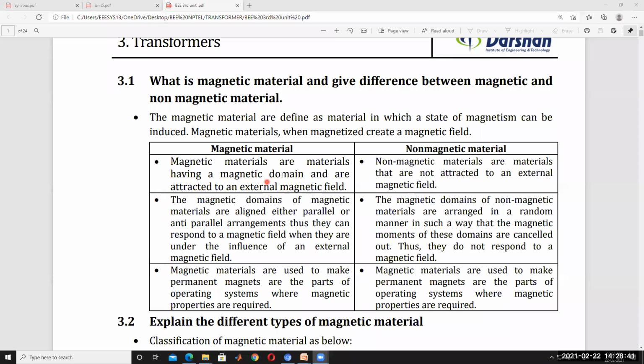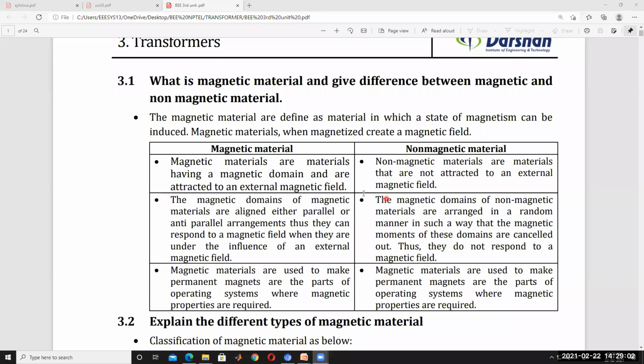You know well, magnetic materials are materials having a magnetic domain and are attracted to an external magnetic field. You already studied this in physics in intermediate. Non-magnetic materials are not attracted to an external magnetic field.